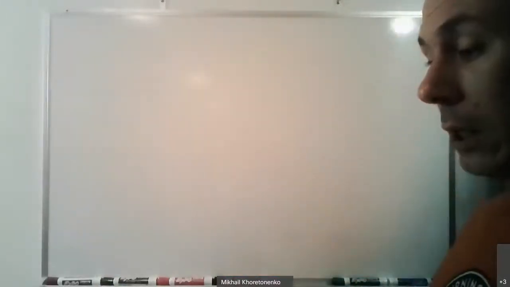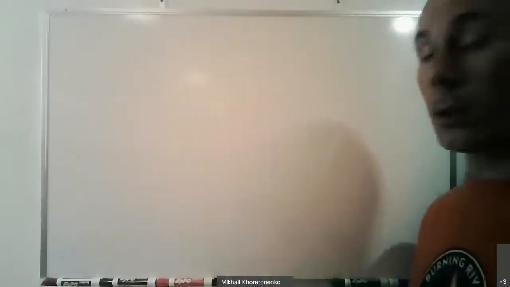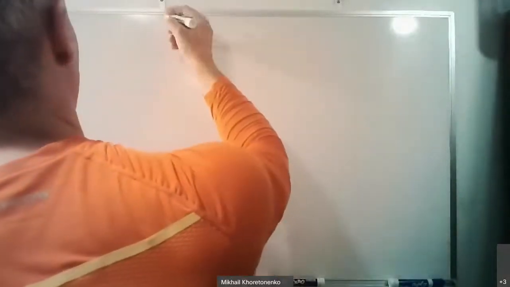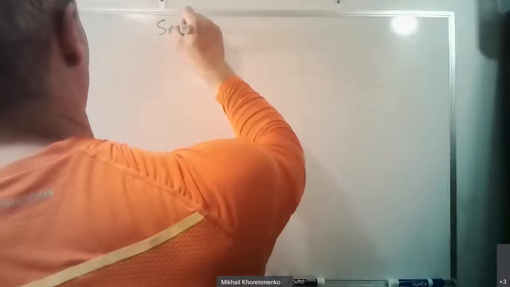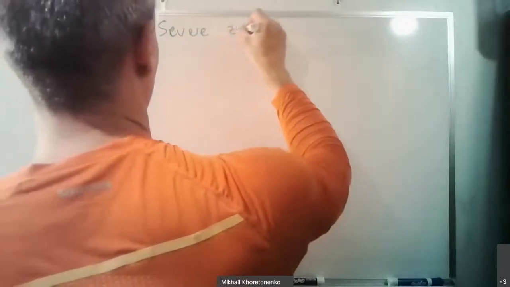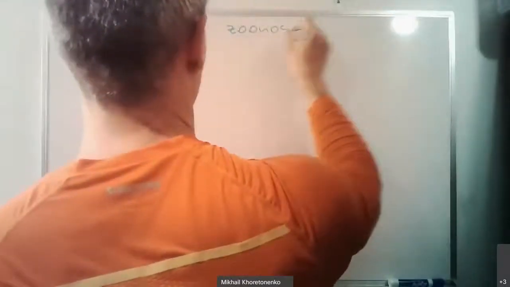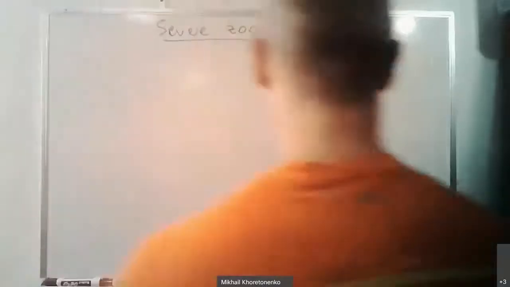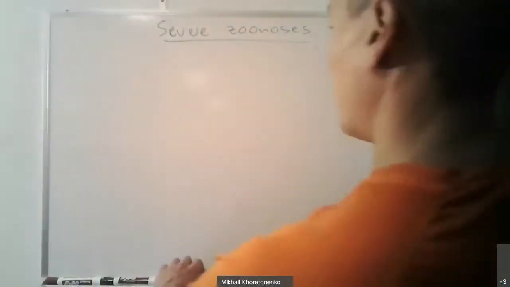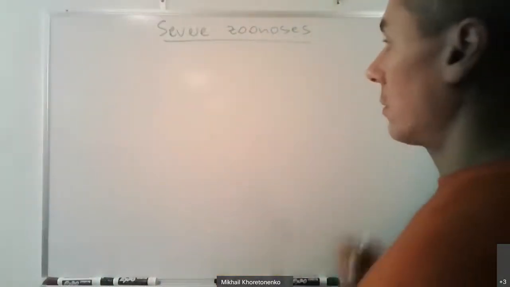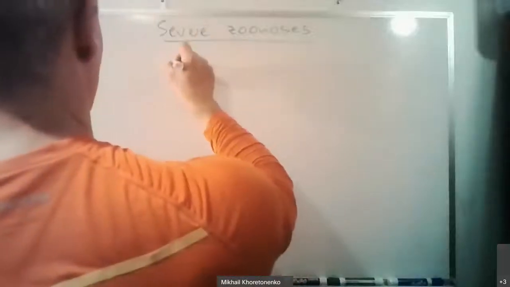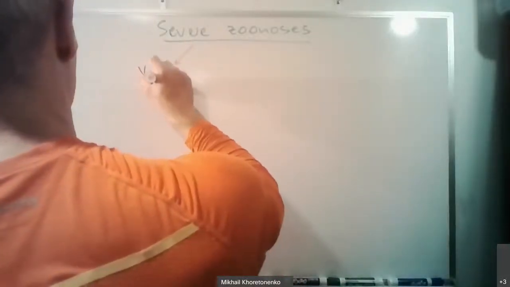So now we're going to talk about a few microorganisms which can be considered severe bacterial zoonoses. So we're actually going to call them this way. Among severe zoonoses, the first genus that we're going to talk about is the genus Yersinia.